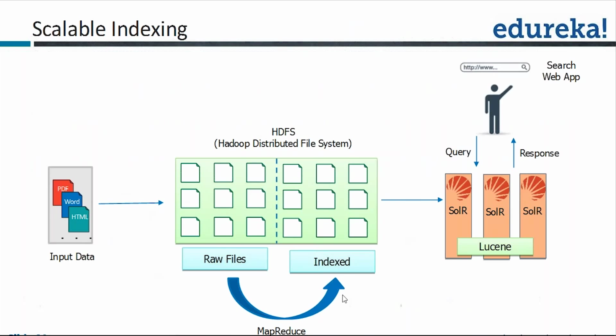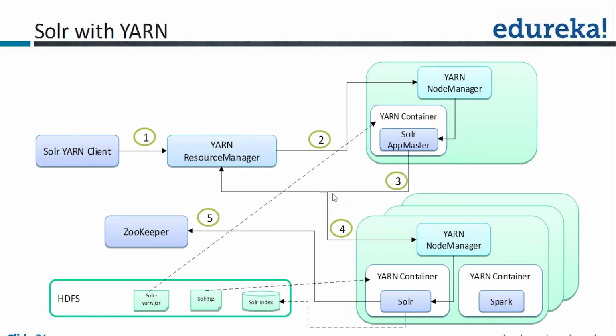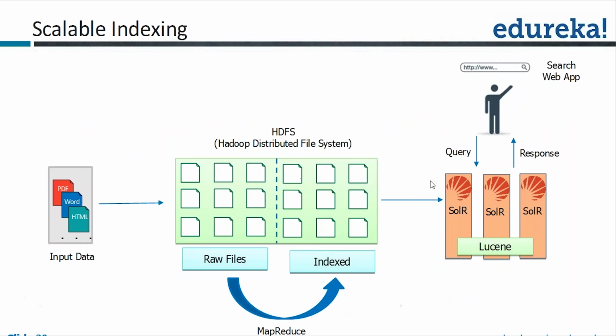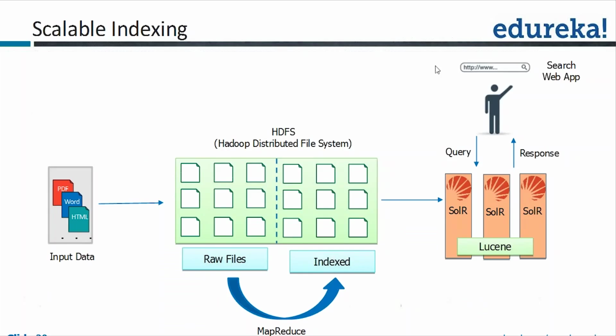Then they go through the process of MapReduce or an indexing job, and these optimized indexes are stored on HDFS as well. From my search application, the query and response cycle from this Solr instance, which is based on Lucene, is served by these optimized index files, which are converted by the MapReduce indexing job.